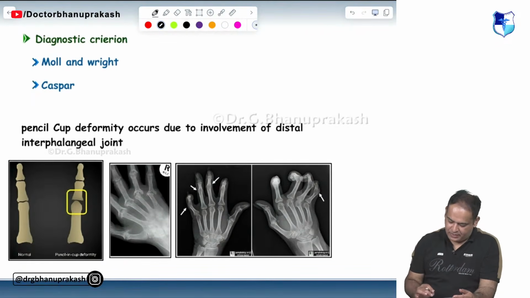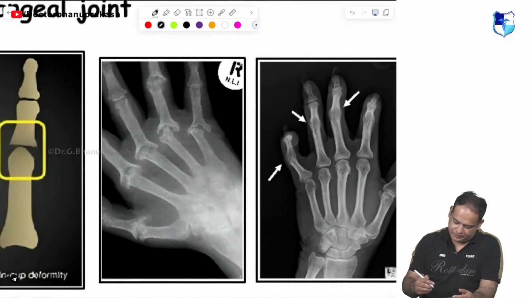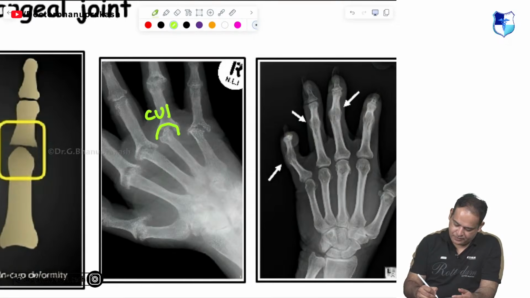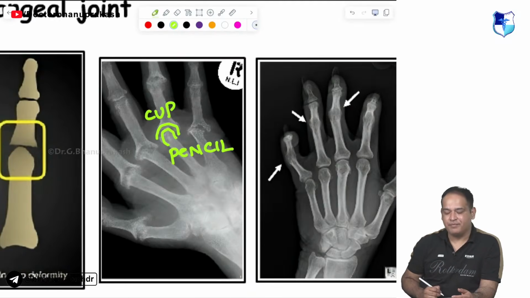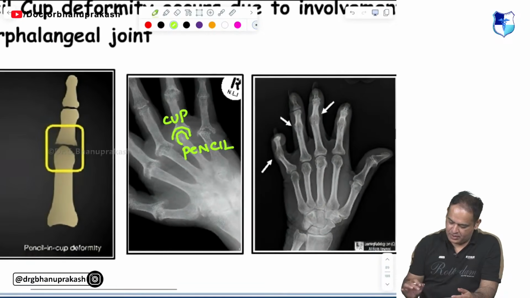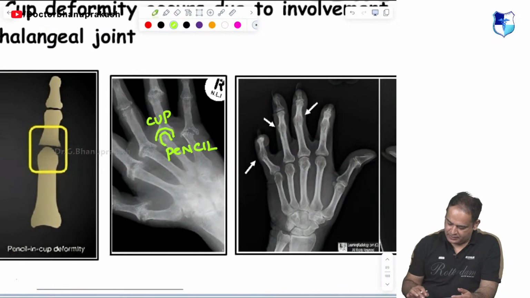Pencil cup deformity. So you see here, this is the cup and this is the pencil. Pencil cup deformity, right?